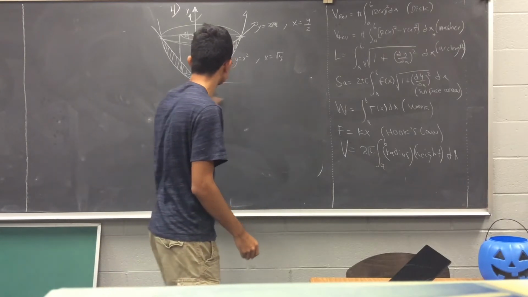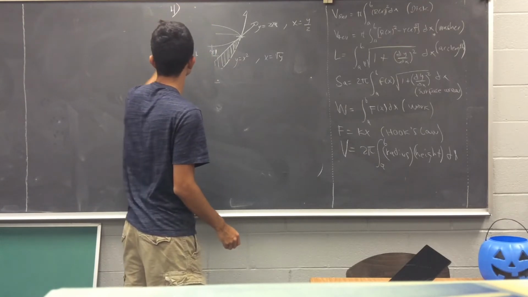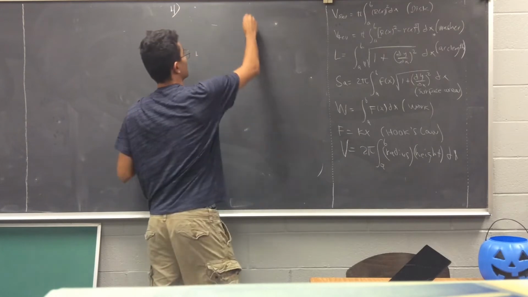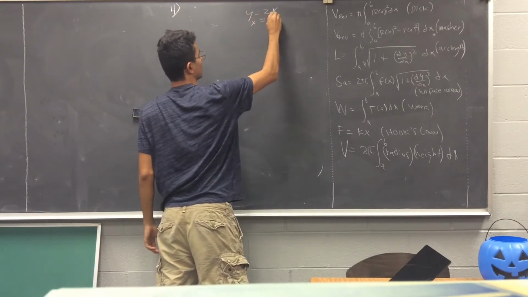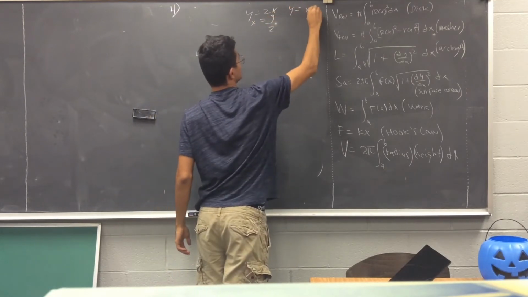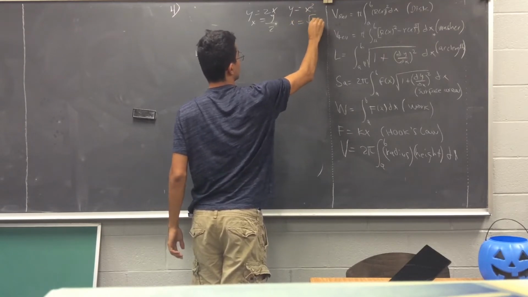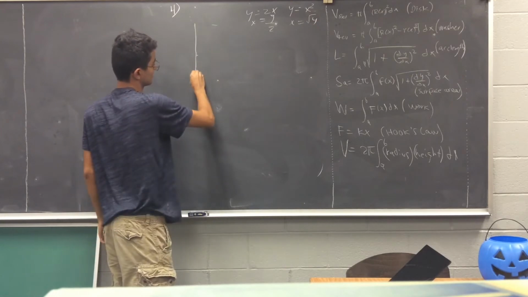Let me actually just redraw that so you can see it easily, because it's just a whole bunch of lines in there. So okay, we have y equals 2x, which is x equals y over 2, and we have y equals x squared, which is just x equals square root of y, right? We did that for the last problem, and now it's going to look something like this.